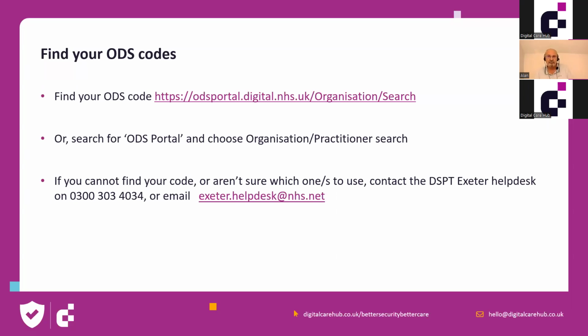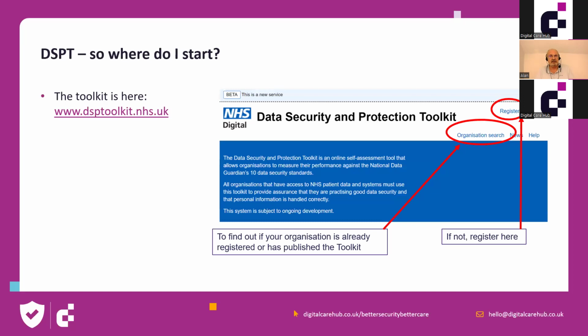Because there are sometimes some complications if you've cancelled a registration and re-registered, etc. But for most people, it's a fairly straightforward process to find the relevant ODS code. Bearing in mind, you need to be just checking whether or not you're using the HQ code or the location code. Okay, so where do you start with the DSPT?